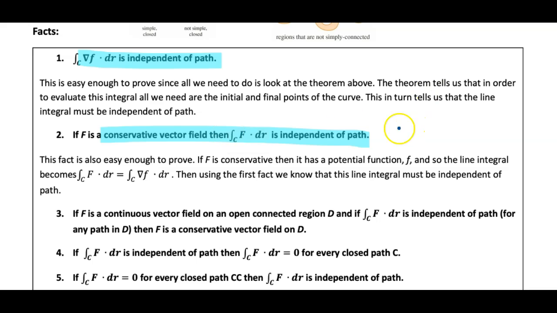Remember what conservative means: conservative means that we can find some f such that F is equal to the gradient of f. Again, we're going to do an example of this.